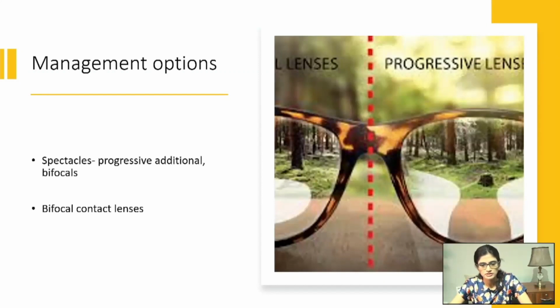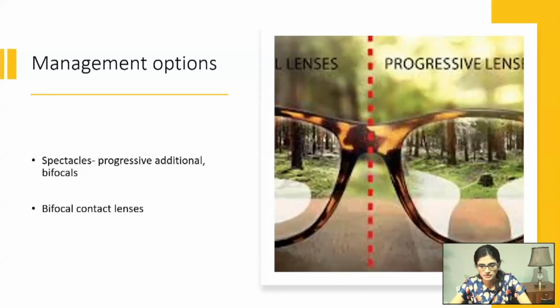The bifocal type of lenses have a demarcated area for the reading add and a demarcated area for distance vision. So intermediate vision you don't really have in these types of spectacles. Then you have the progressive addition lenses.